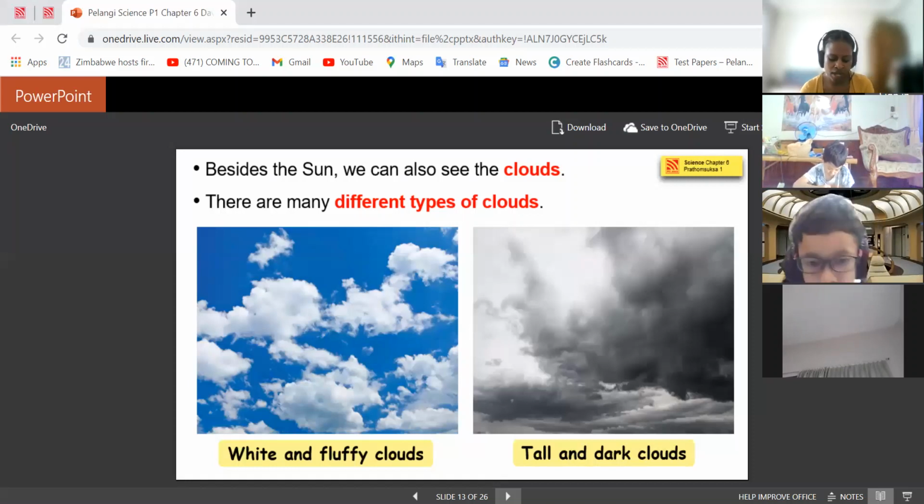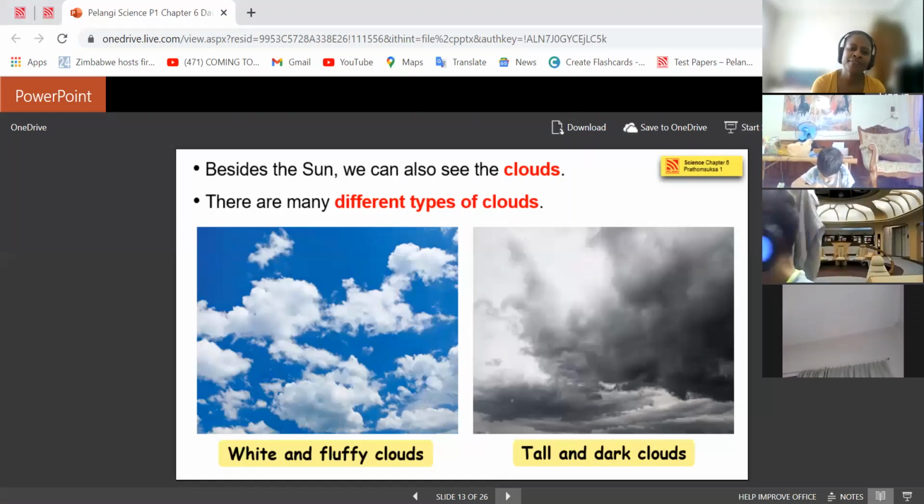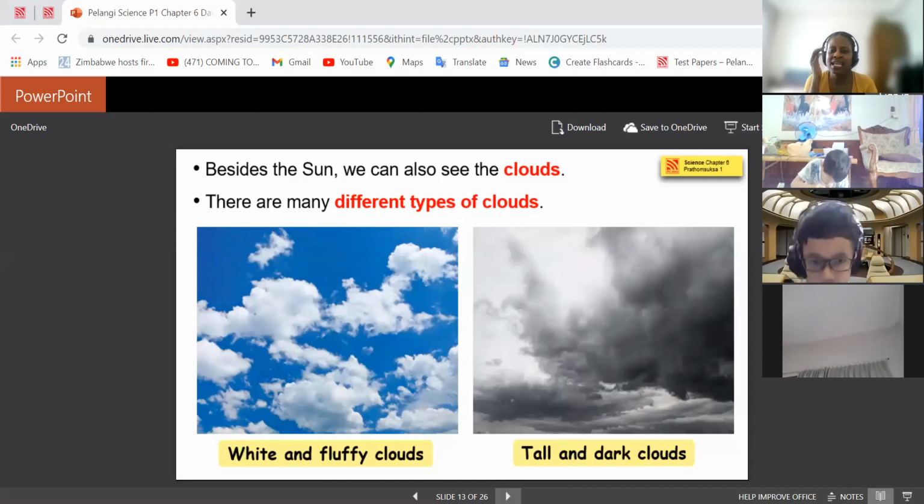All right, okay. So we can see the clouds and we can see that the clouds are different. They are not the same. Page 97, Auka, page 97.